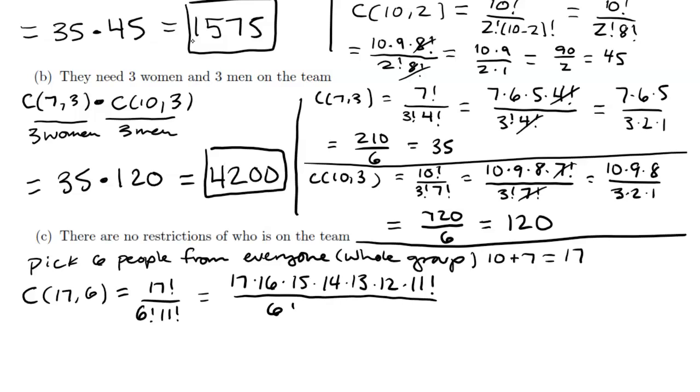And then we'll have 6 factorial, 11 factorial, which the 11 factorials are what cancels. So we're left with 17 times 16 times 15 times 14 times 13 times 12 over 6 times 5 times 4 times 3 times 2 times 1.